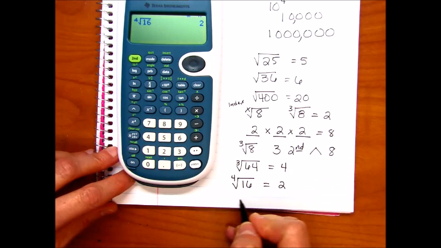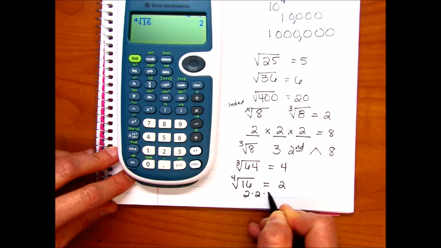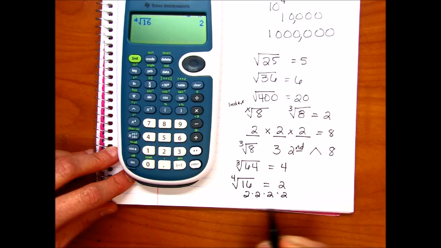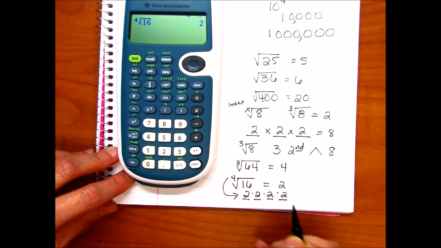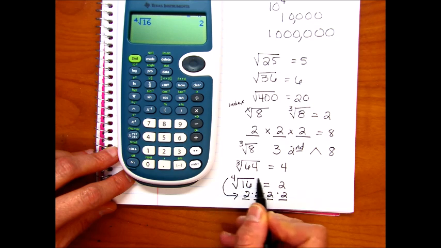And that's true because 2 times 2 is 4, times 2 is 8, times 2 is 16. So this 4 means how many times we're multiplying a number, the root, and whatever that product is, that's the number underneath this root sign, the square root or the fourth root sign.